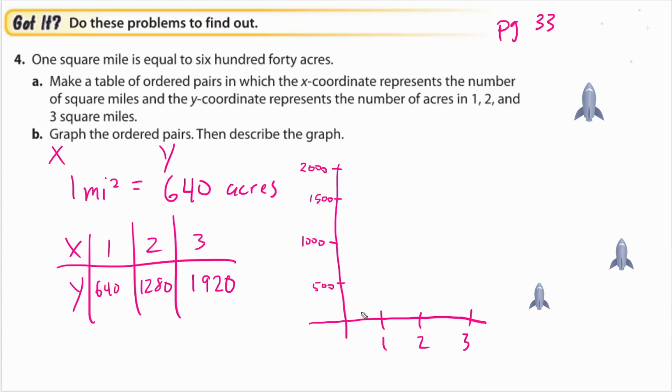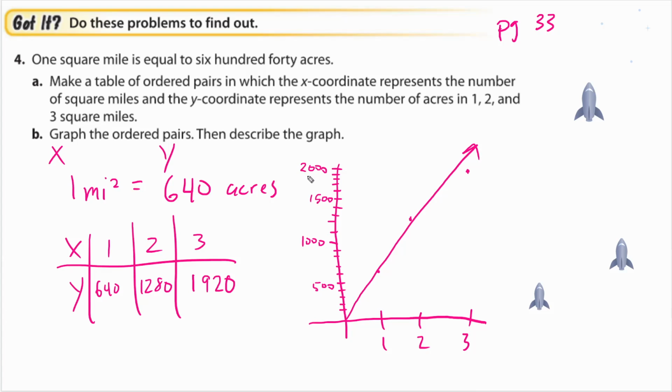And let's just leave it like that. I don't need to draw every single tick mark. I would just draw it like this. Okay, so 1 is 640. Maybe I do want to draw the tick marks. 2 is 1280. 3 is 1920. And so here we have a straight line.